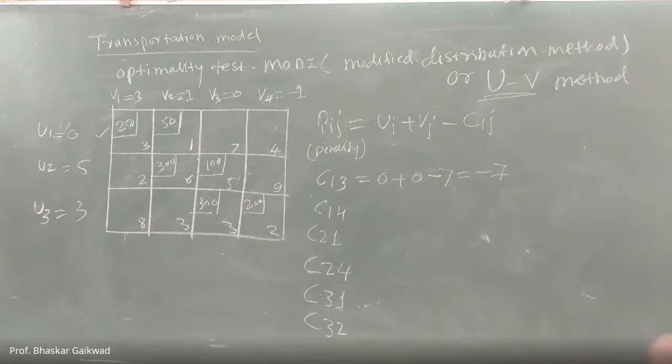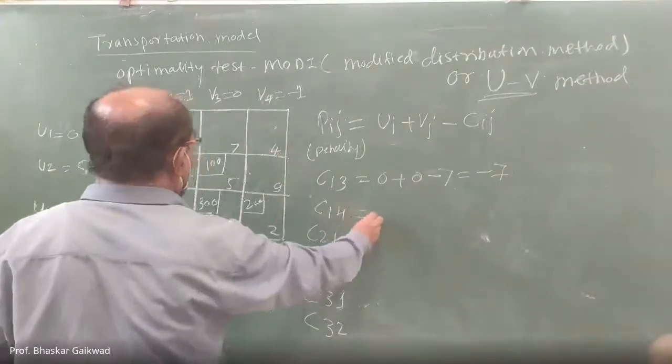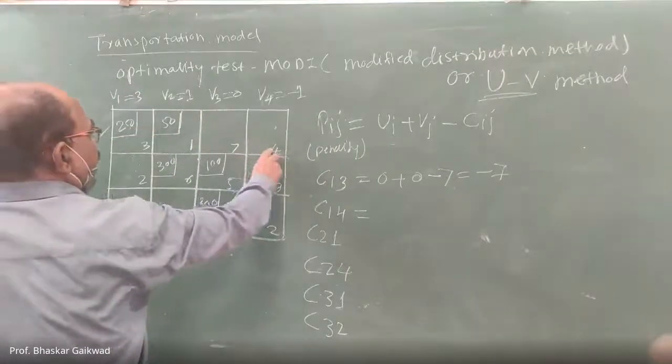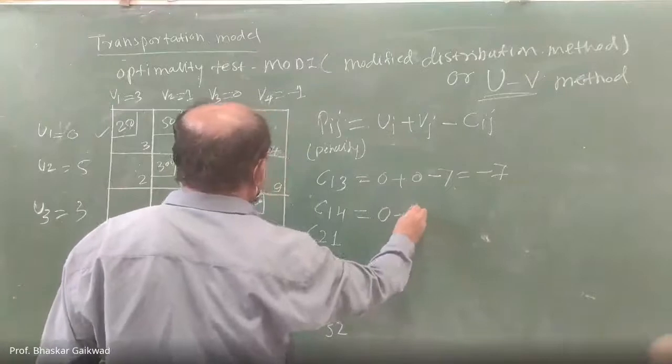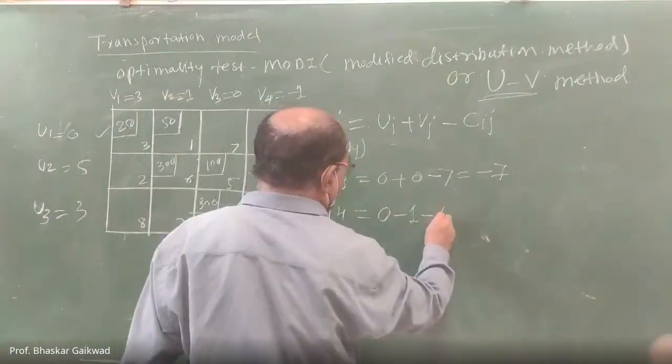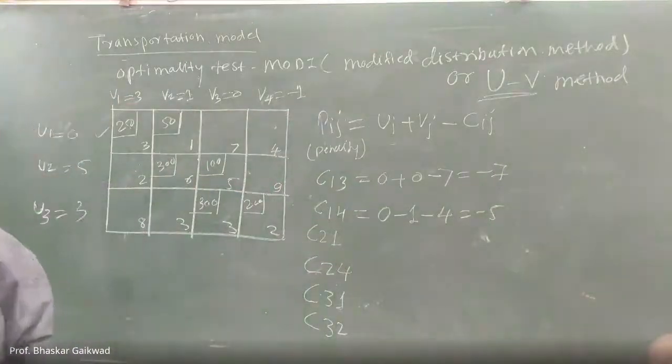So let us go for C14. What is U here? 0 and this is minus 1. 0 minus 1, what is here? 4, minus 4? So the answer is minus 5. Correct.